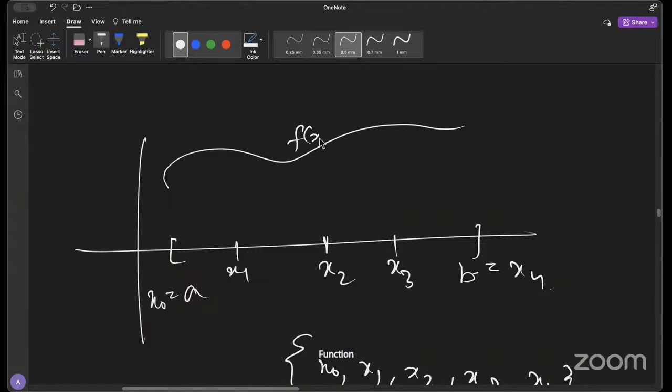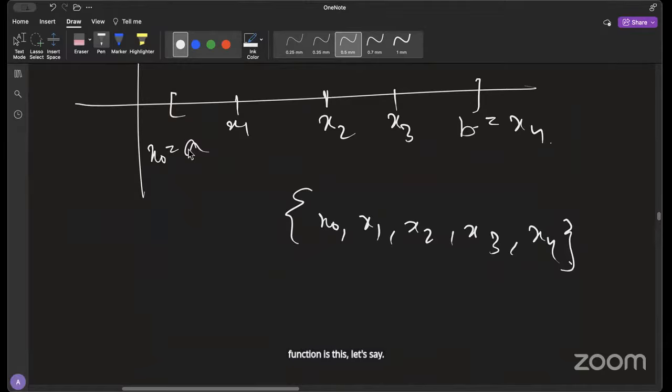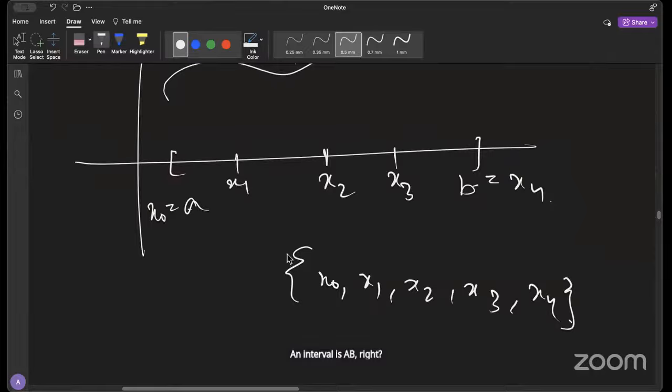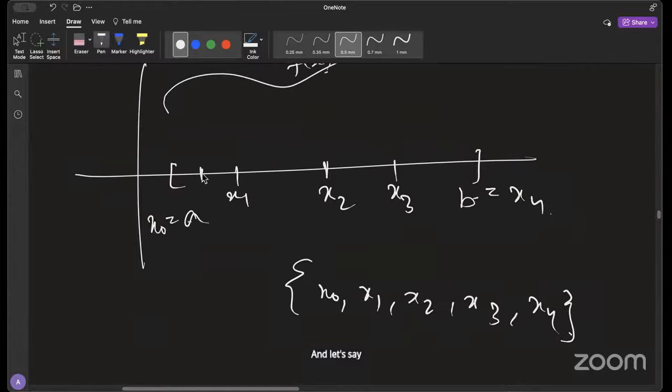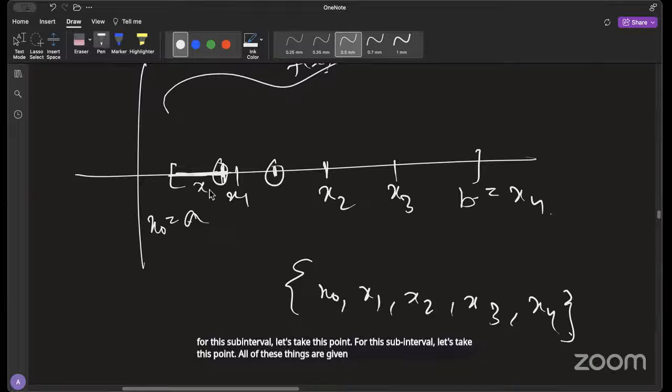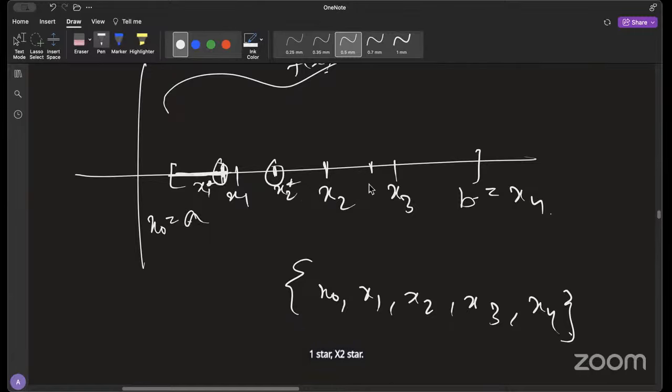The function is this, and the interval is AB, right? And let's say the point given to you doesn't have to be in the middle, it could be any point. It could be this one. For this subinterval, let's take this point. For this subinterval, let's take this point. All of these are given to you in the question. You don't have to choose these things. x1 star, x2 star, let's take this one, x3 star and x4 star.